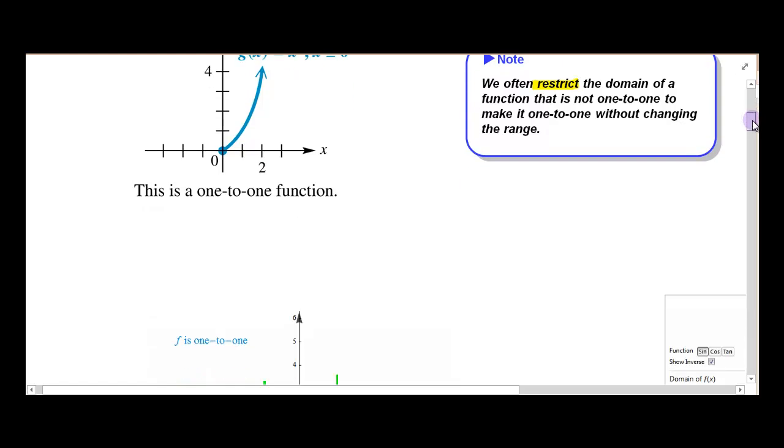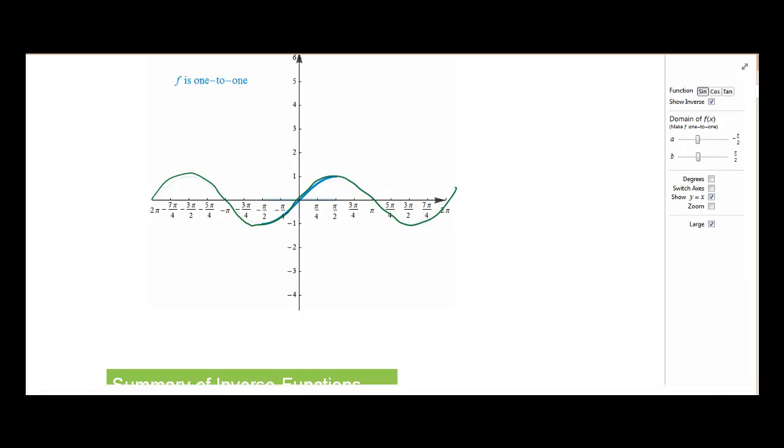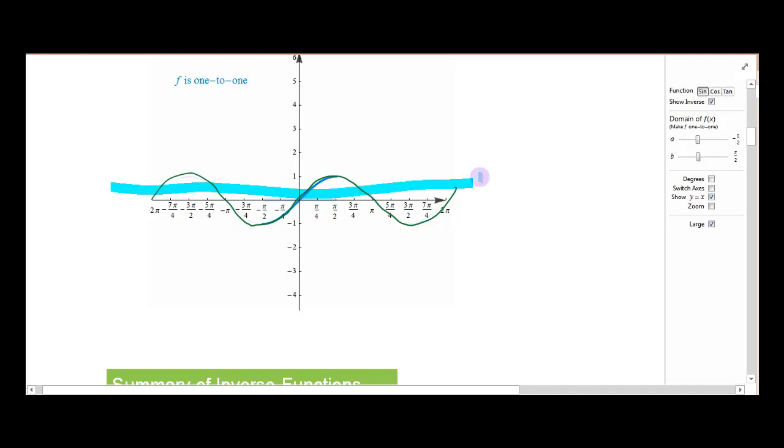So in order for us to talk about our trig functions, remember that our trig graphs are periodic in nature. They squiggle up and down like this. This is my sine function, and you can see just from the graph I have here that this is not a one-to-one function because it obviously doesn't pass the horizontal line test.